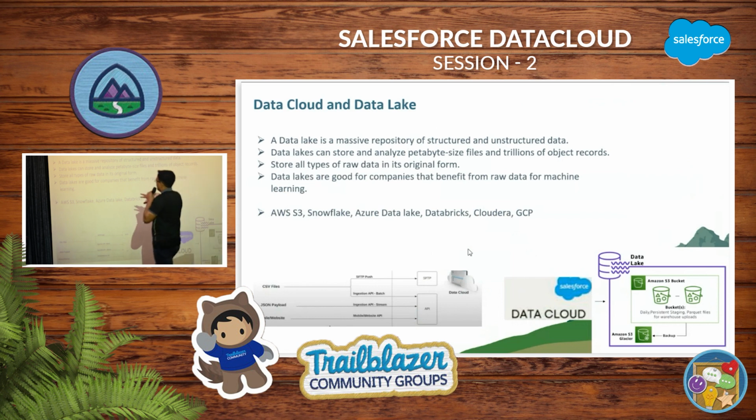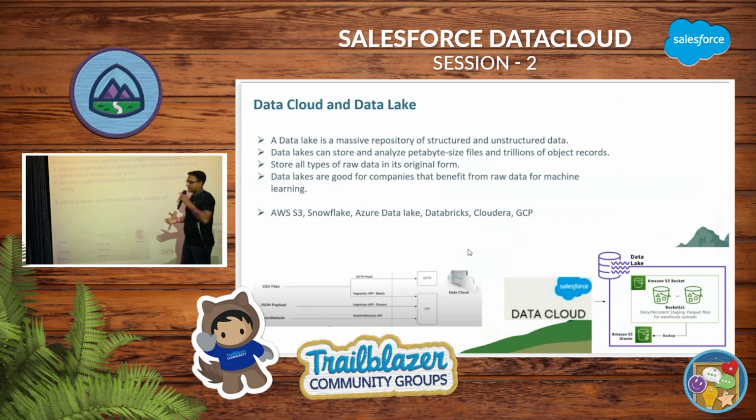Now, what are examples of data lakes provided by the top players? Amazon AWS S3 is the biggest stakeholder in the data lake environment. They have approximately 60% of data lakes across enterprises. Second is Snowflake, then Azure Data Lake, Databricks, Cloudera and GCP.